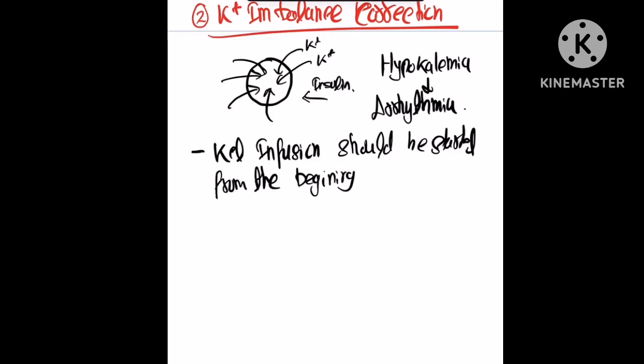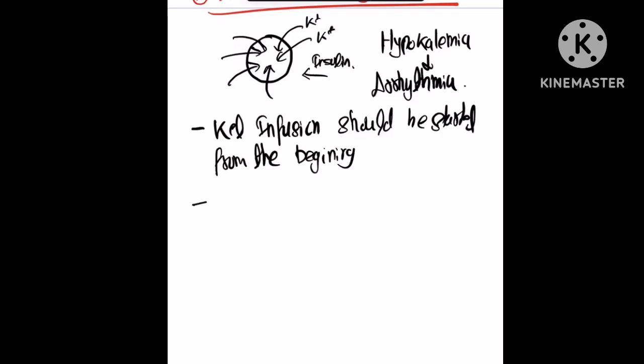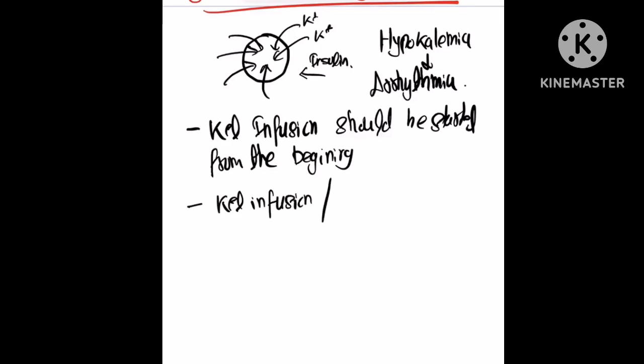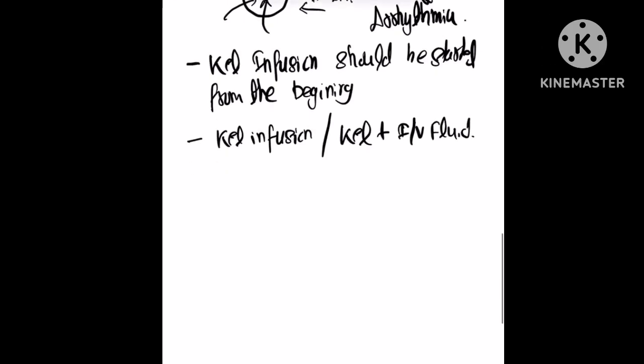So how do you correct this potassium? KCl infusion, or you can use KCl plus IV fluid. We can put the KCl into the bottle of the IV fluid and start the infusion. Roughly, when you measure potassium, if the level is greater than or equal to 6 milliequivalent per liter, we do not give supplementation.